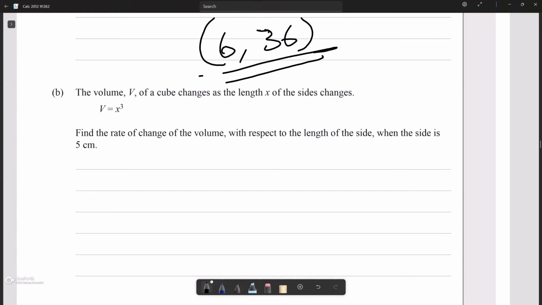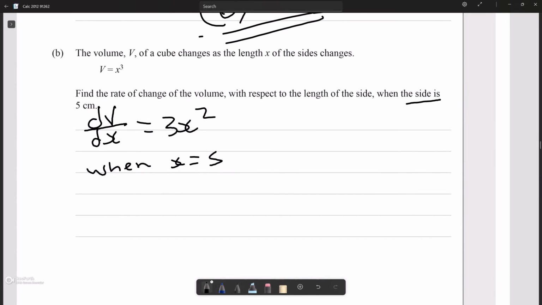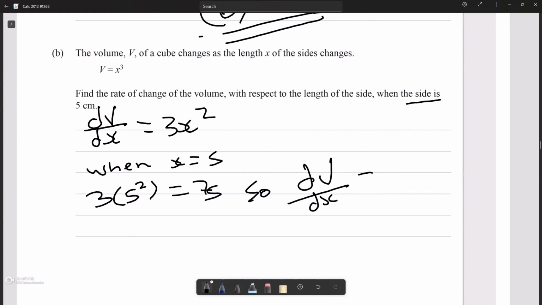And then the rate of change of volume, so dV over dx equals 3x squared when the side is 5 centimeters. So when x equals 5, they're finding the rate of change, so 3 times bracket 5 squared equals 75.